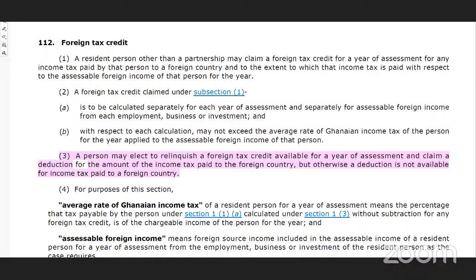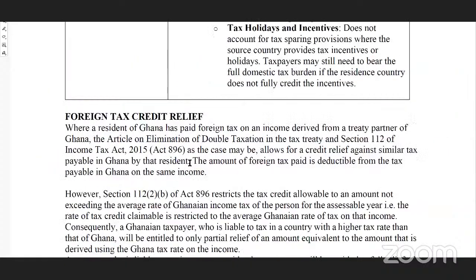Any questions so far? Yes, please. In practice, are we allowed to use both the full credit method and the partial credit method, or are we just limited to one?